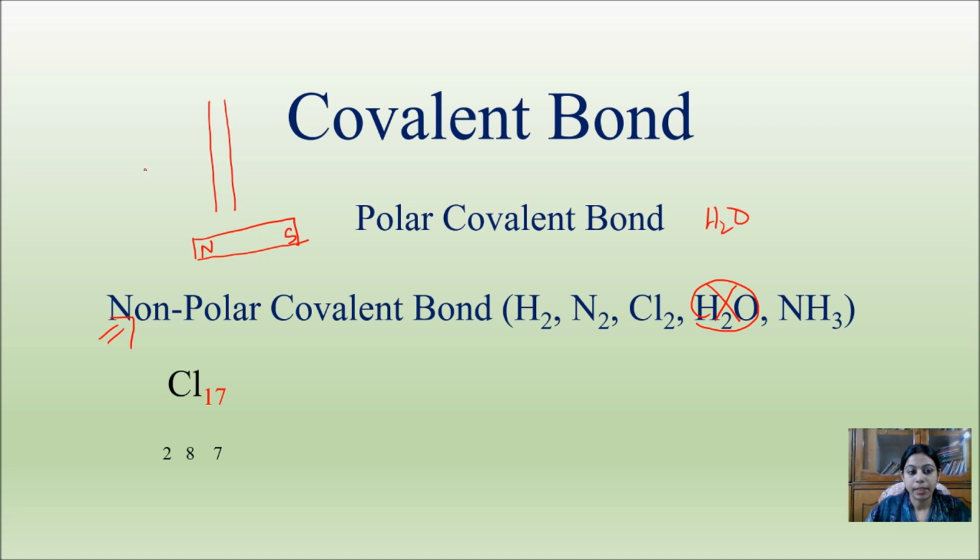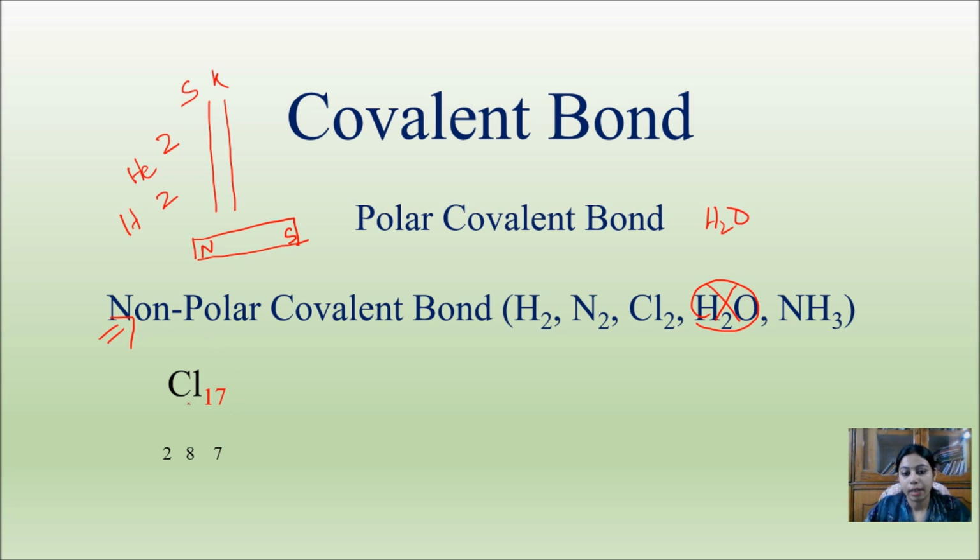In the case of helium it is 2, and in the case of hydrogen also the outermost shell should have 2 electrons because it has the s form of configuration, or the K shell. So you know that in the case of chlorine, it needs 8 electrons to saturate itself completely.